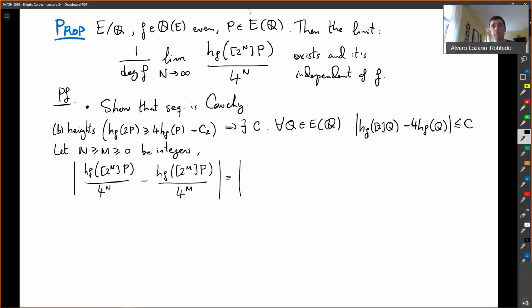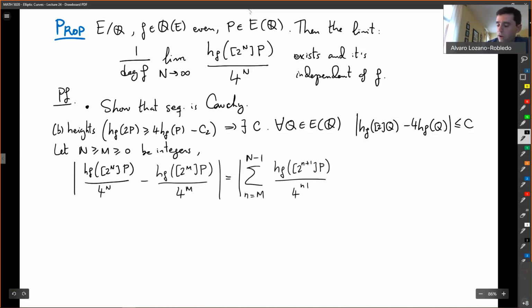So this is the sum for little n from m up to n minus 1 of the height of 2 to the n plus 1 P divided by 4 to the n plus 1, minus the height of 2 to the n P divided by 4 to the n.